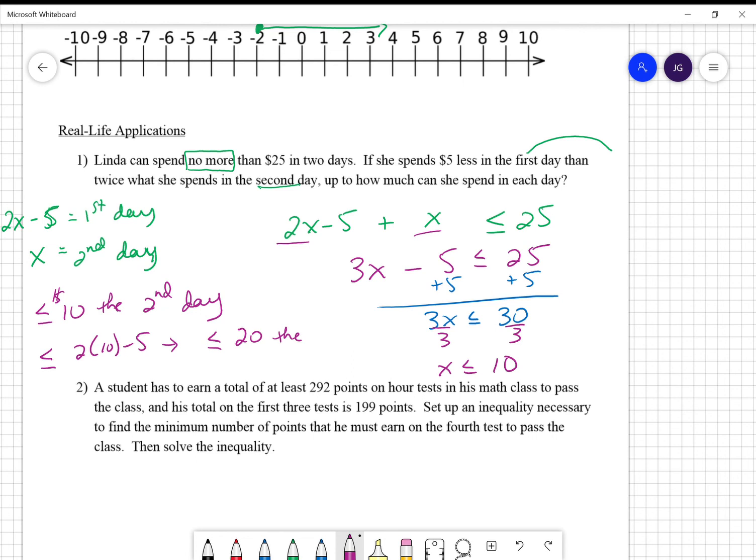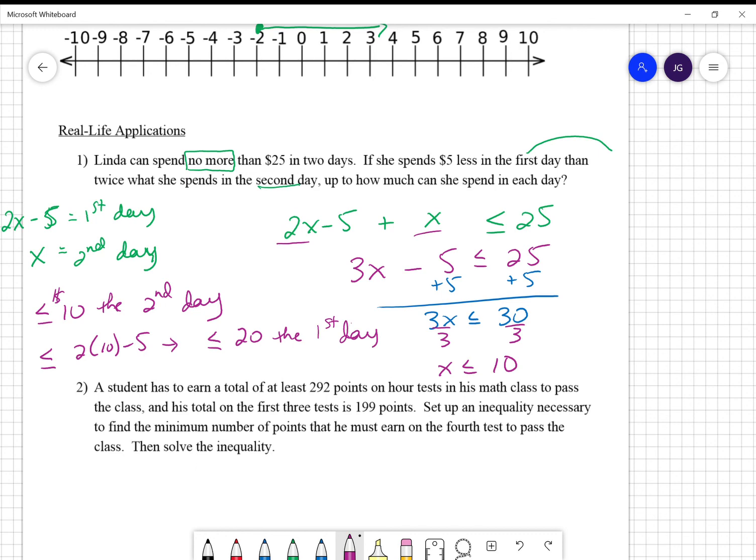That's not going to work. Because that would give me, let me finish this. If I have that, 20 and 10 is 30.